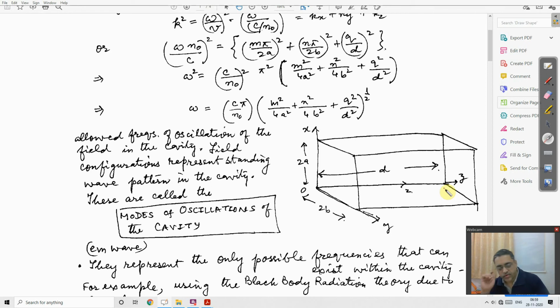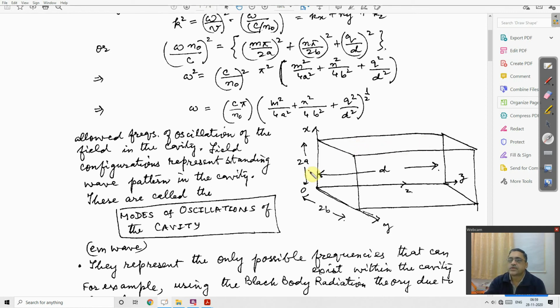It is made of a conducting, metallic material. In an electromagnetic wave the electric field lands normally on the surface, so the tangential component will be 0 on each of the side walls here.